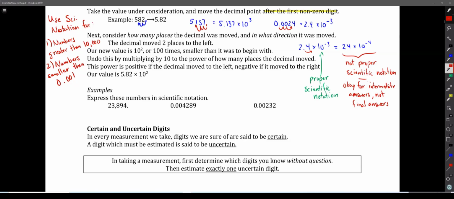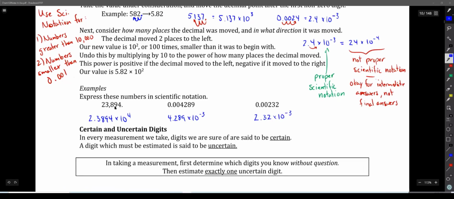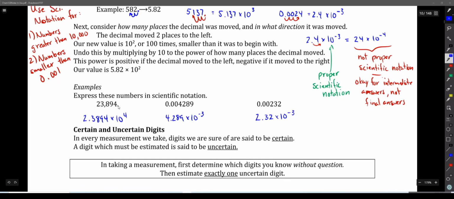Okay, let's go ahead and take a look and see what we got here. So on this first one, the decimal had to be moved 1, 2, 3, 4 places to the left. So 2.3894. And if you're moving the decimal to the left, the power of 10 goes up. So 1, 2, 3, 4, up to 4, 10 to the 4.